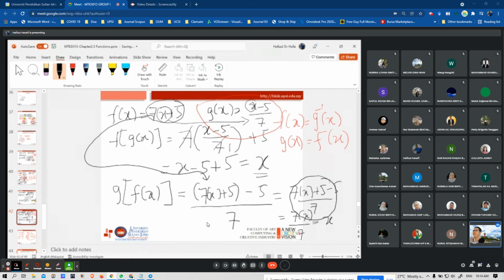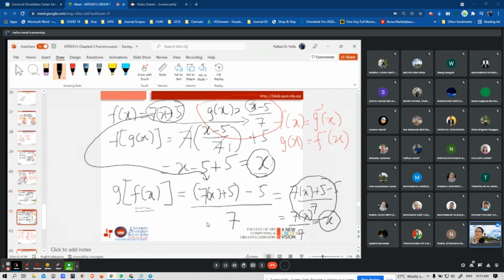Okay, another example is f(x) equal to 7x + 5, and the other one is g(x) equal to (x minus 5) divided by 7. Then we replace f with g(x), replacing this one with (x minus 5) divided by 7, and then we have equal to x. And then for g(x), we replace by f(x), and then we also have x.